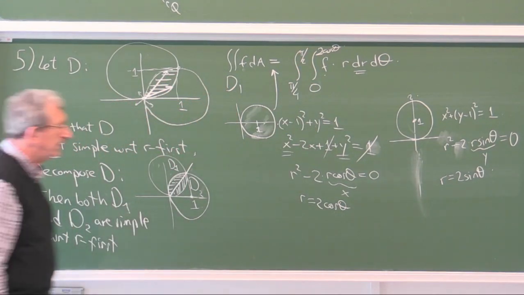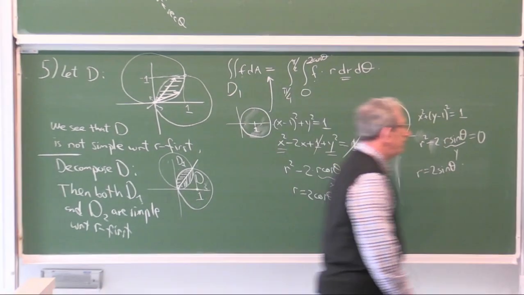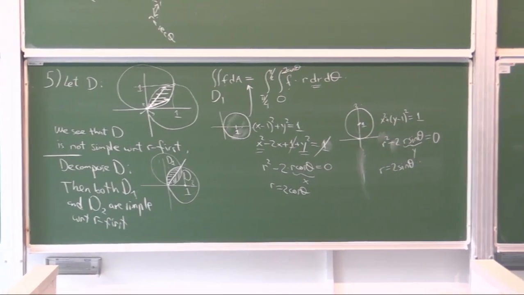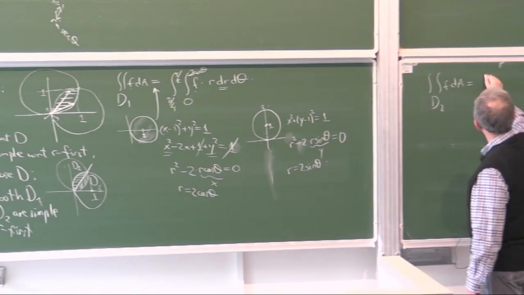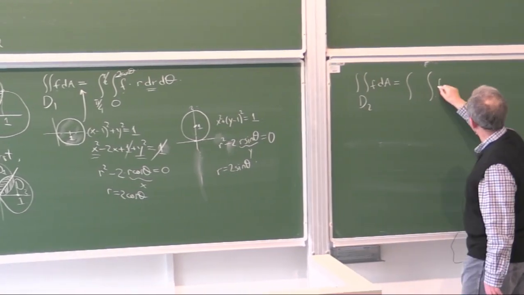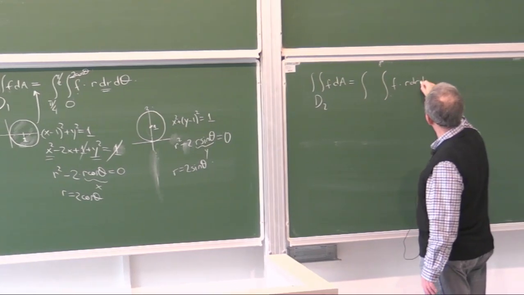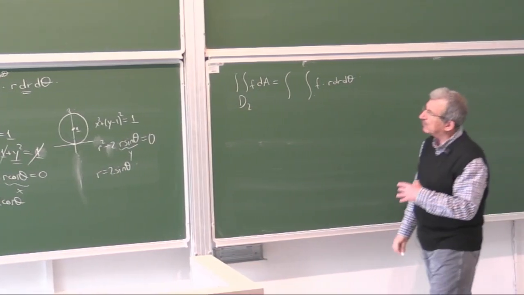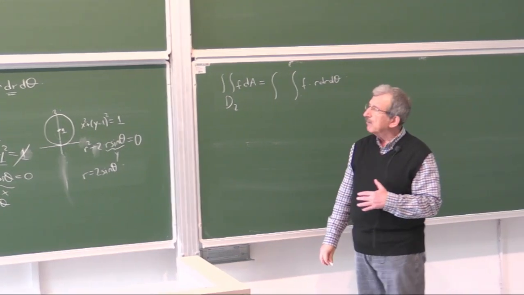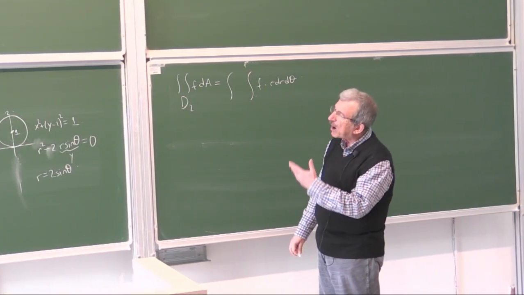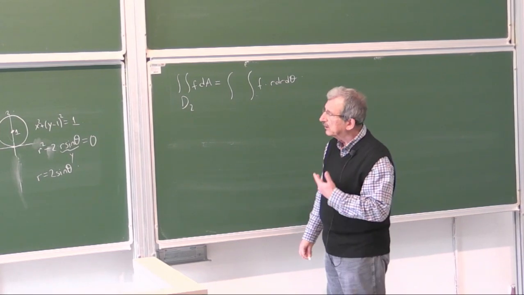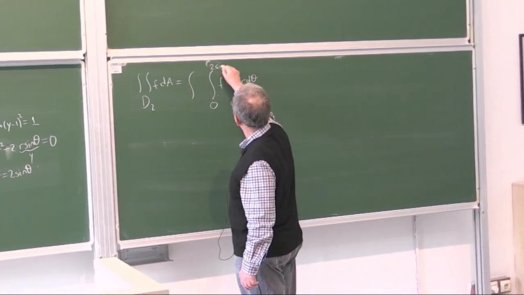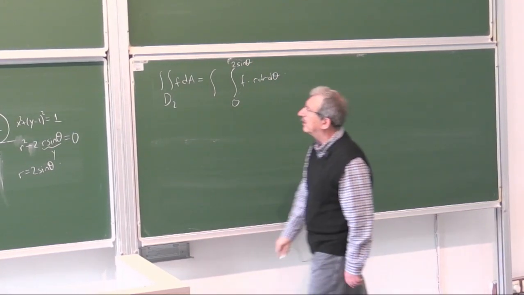Now for d2, well, this time r changed from 0, but we leave from the upper circle, which was 2 sine theta. So I'm not repeating the whole thing.